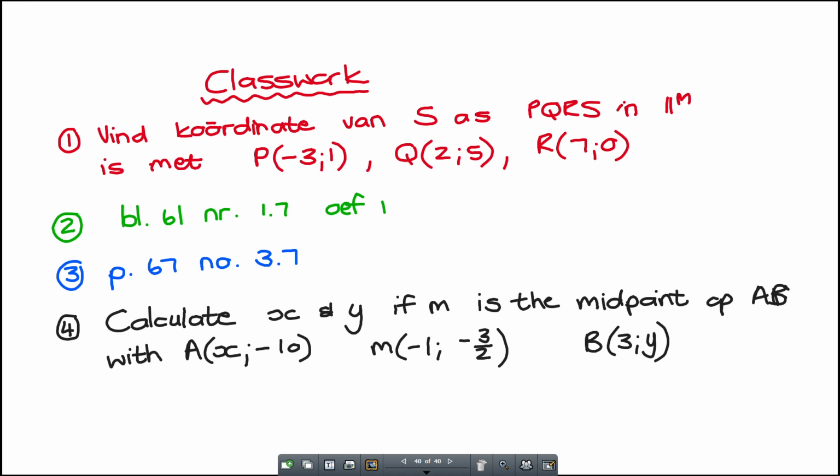Alhoewel, kyk gou my terug. Ek dink ons het hom gedoen. Een van julle blaai gou vir my terug. Ek dink ons het oefening 1 gedoen. Alles behalwe 1.9, want dan kan ons hom liewers uithaal.